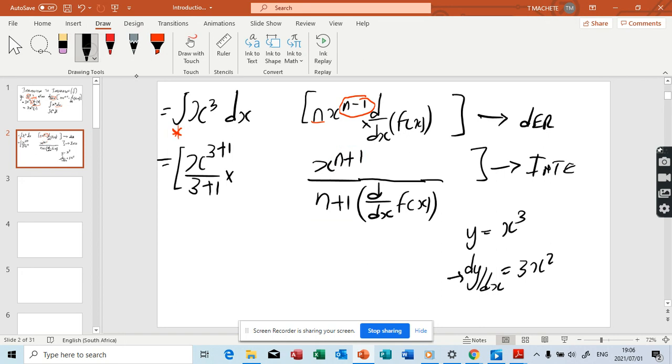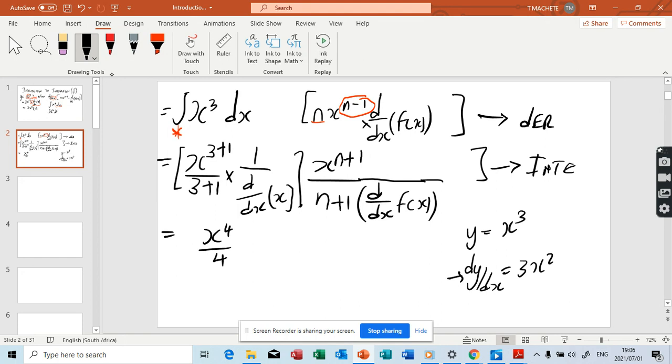Okay, guys, remember I said you divide, so this is the same as 1 over d over dx. Your f of x is x, so you can put x there. So now the answer that you're gonna get here is x to the power 4 over 4.